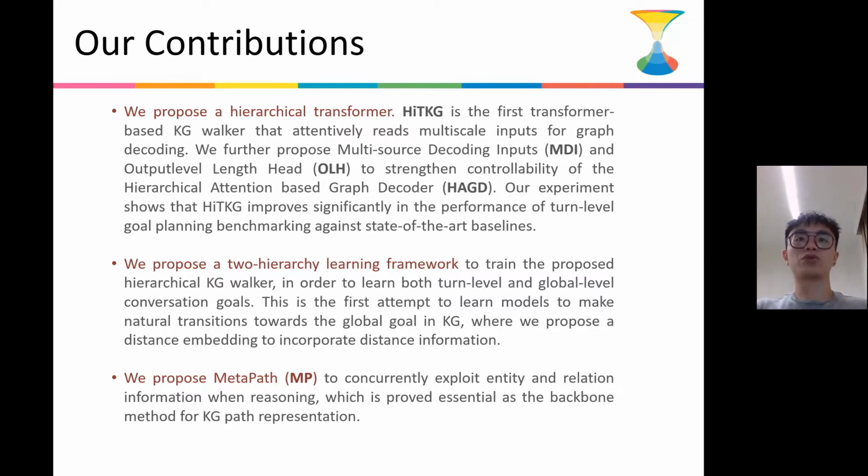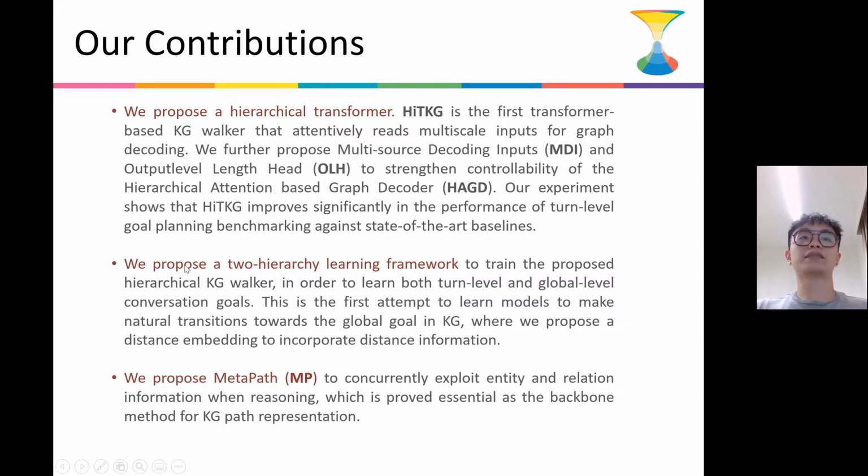This graph decoder can reason over the knowledge graph based on the dialogue history and the knowledge graph history. We will show you what the dialogue history and the knowledge graph history are in a later figure.